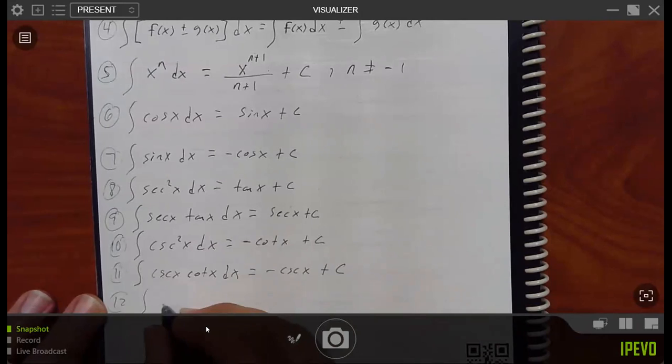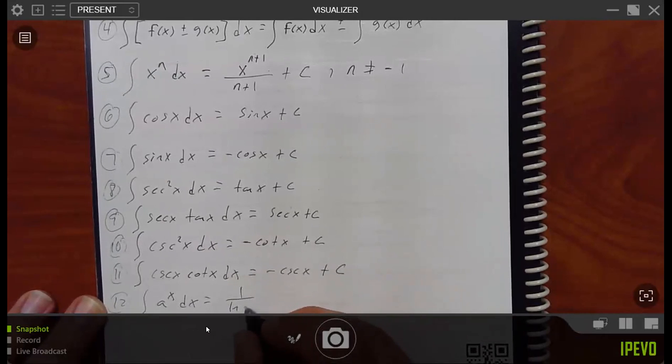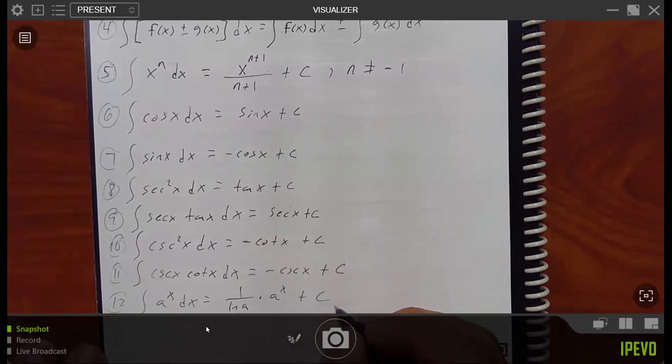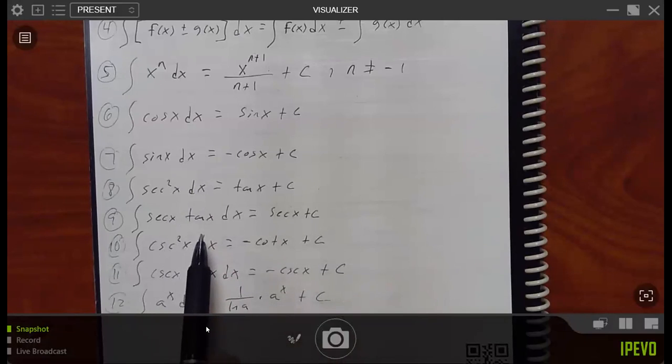The integral of a to the x dx is equal to 1 over ln a times a to the x plus c. Look at this one. Sine, cosine, secant. Is that 1 over ln a? Okay.